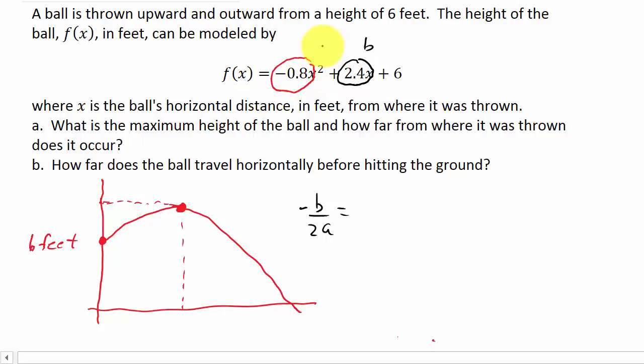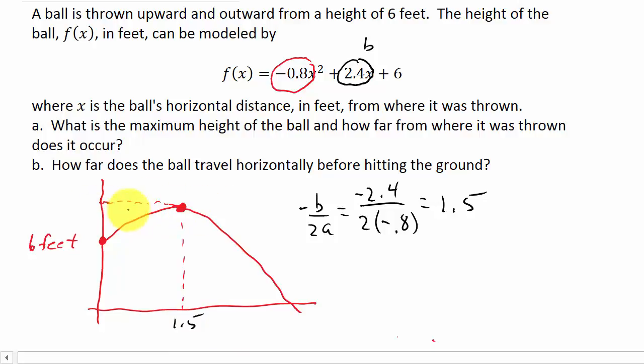So here we have negative 2.4 over 2 times a, which is negative 0.8, and this equals 1.5. So this x value here is 1.5.